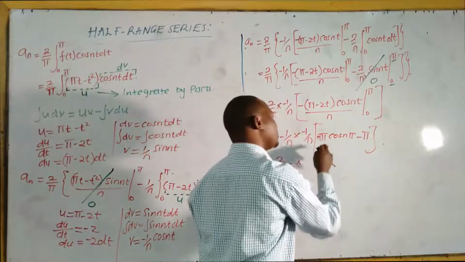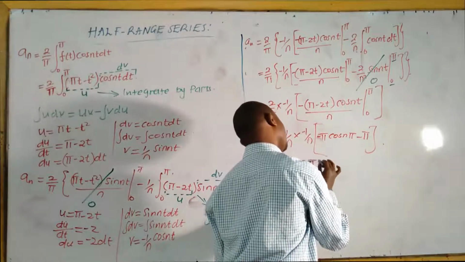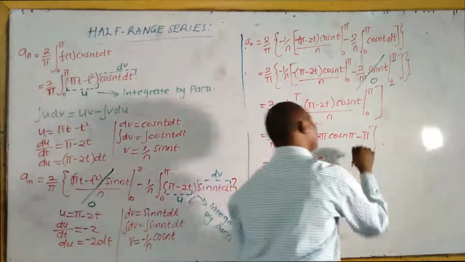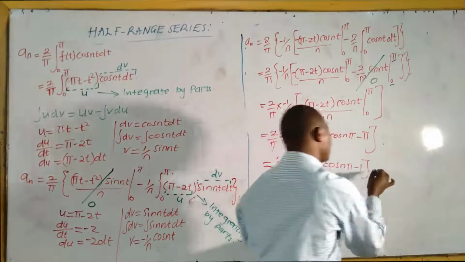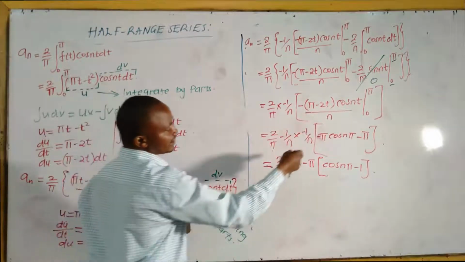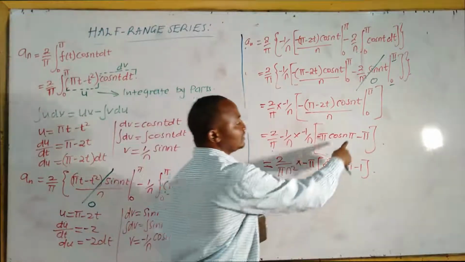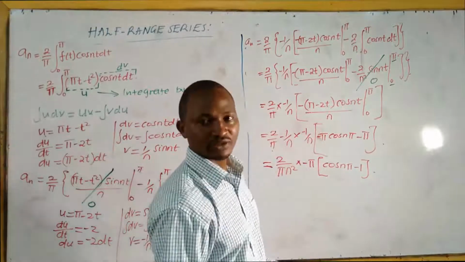Also, see this negative pi, factor it out, negative pi, so that inside the bracket will be left with cos n pi minus 1. After factoring this pi, some students factor out even this pi. This pi is inside the cosine function, you cannot factor it out.